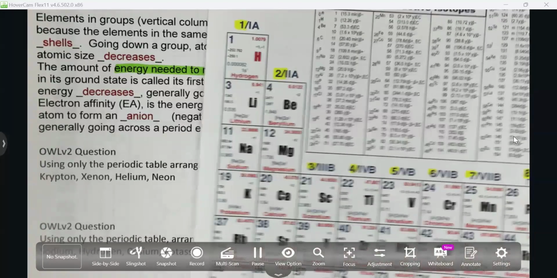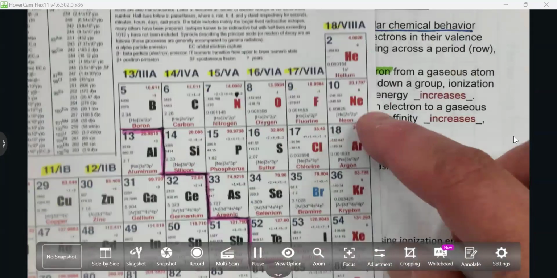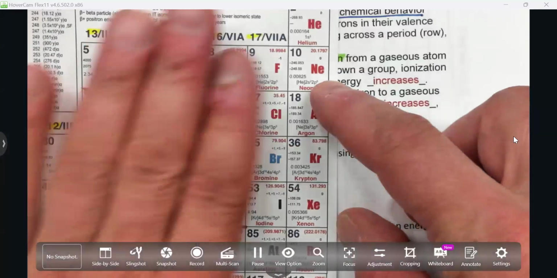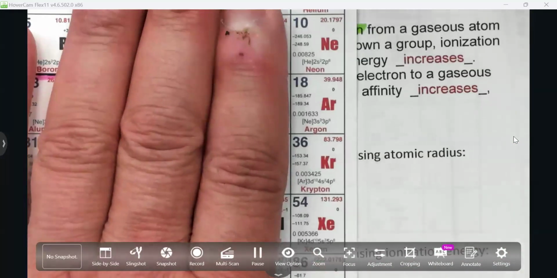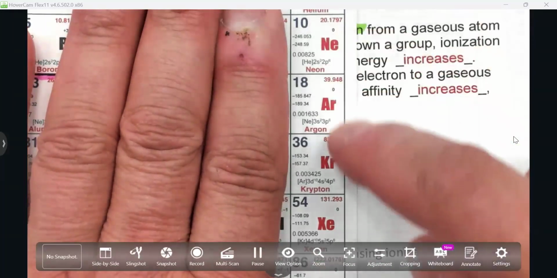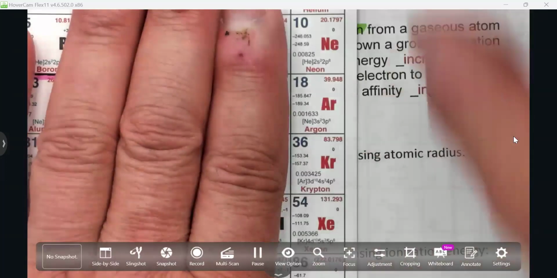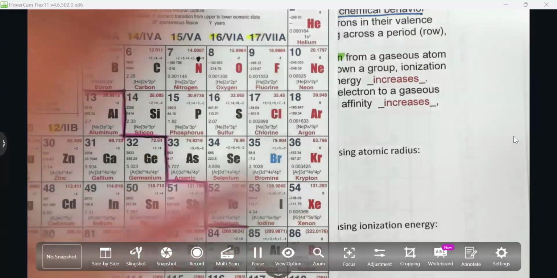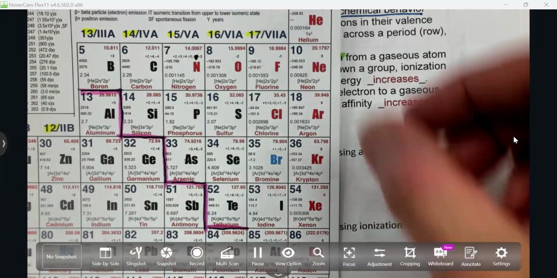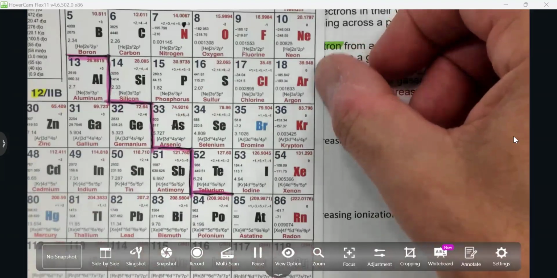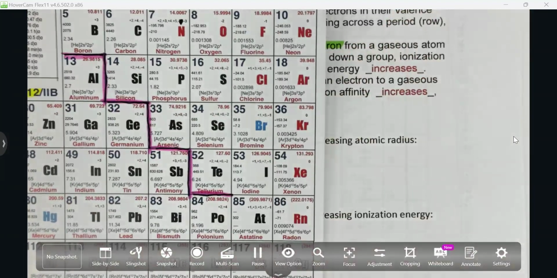The goal is to be like the noble gases over here. These are the king cool elements. Neon, argon, krypton, xenon, radon. How many valence electrons do they have? 8. That's the goal. What is the most stable configuration? 8 valence electrons. In fact, these noble gases are so stable, they do not form any compounds.